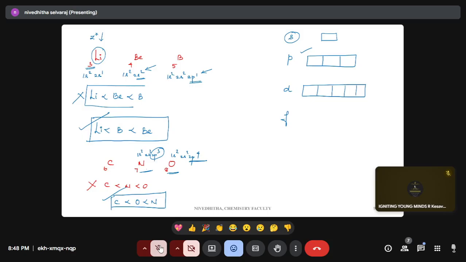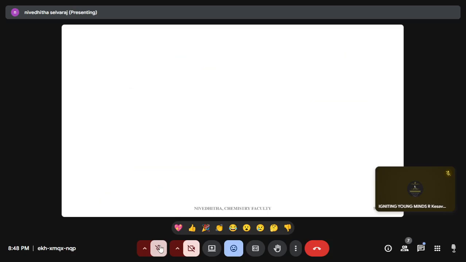So we'll move on to the next periodic property, which is called electron affinity, or they may use this term also, electron gain enthalpy.